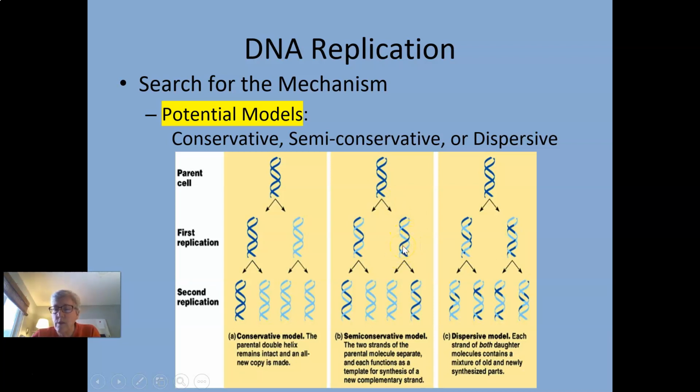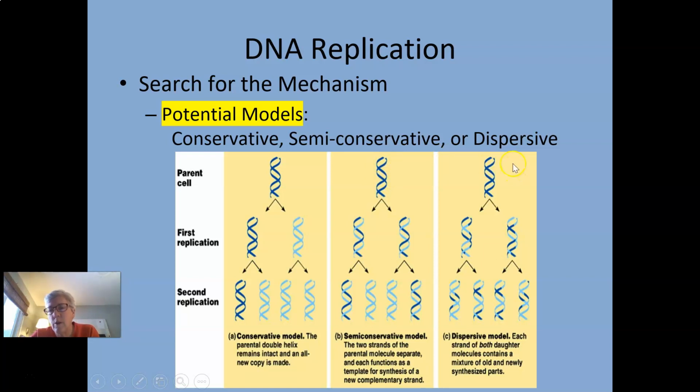So it's partially conserved. It was called semi-conservative. And then that would happen again in the next round. In this first round, the parent strand is retained, and the light blue one is brand new. And then here, the light blue one is retained, but the new one's also light blue. So that's what would happen in the semi-conservative model. And this is actually the model Watson and Crick thought was going to be correct.